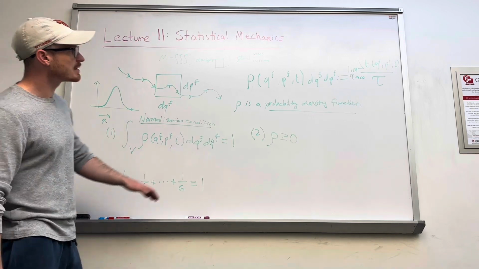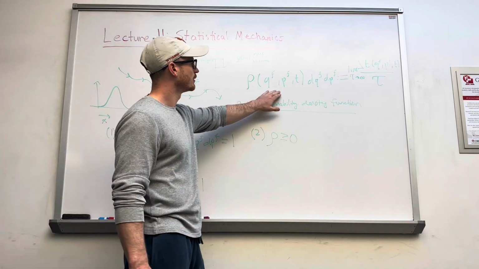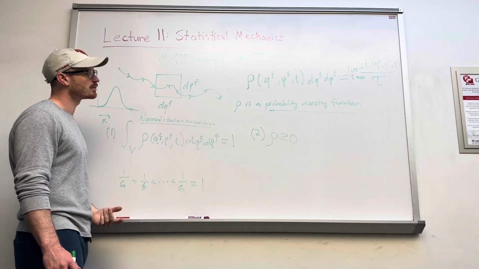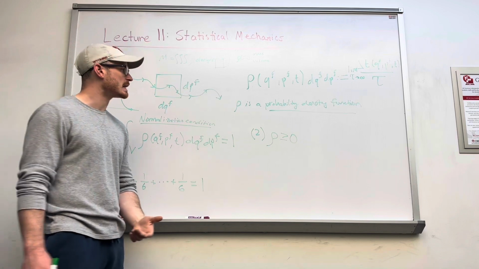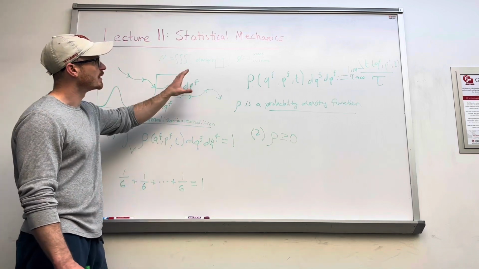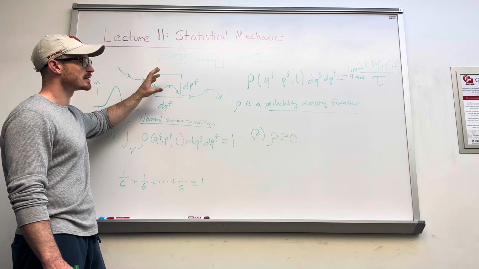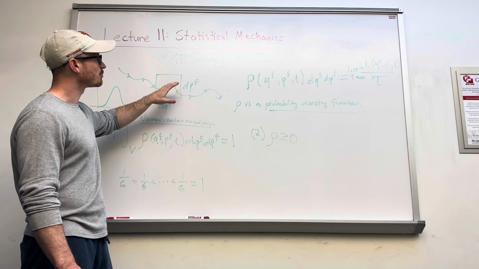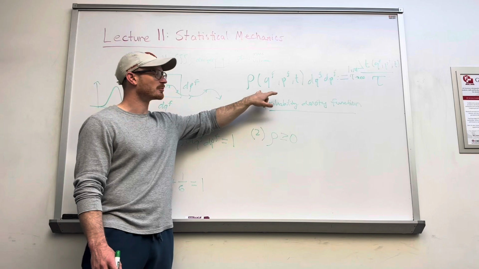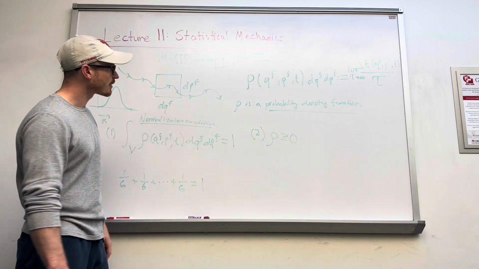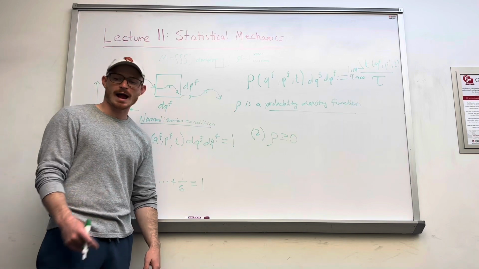So we have this definition for rho, describing the probability of observing a point in the phase space, but have we really done anything? All we've done is kick the problem of understanding the system to a completely different problem. We've just introduced a new function. But let's think about what this function means with respect to our averages.